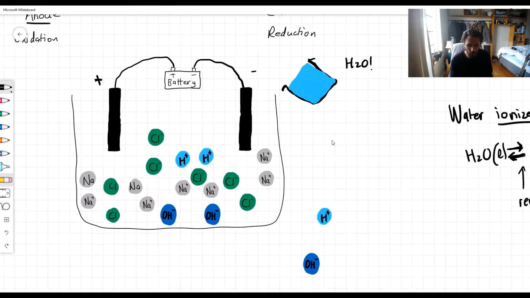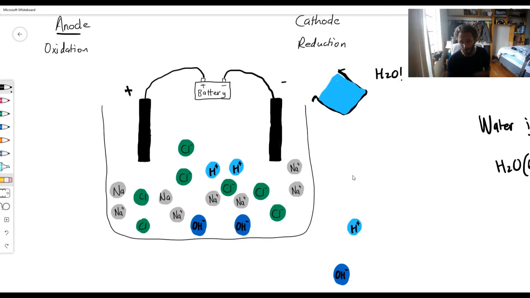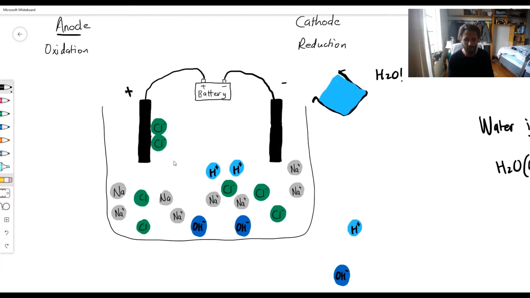So let's have a look at this picture. I've added the ions into this beaker where our electrolysis is happening. I've added water and here we go. What happens? Well, same thing. Chloride is going to be attracted to the positive terminal because it is negatively charged. Same thing over here, another chloride ion joins up. These two then lose an electron each, and this then forms chlorine gas.